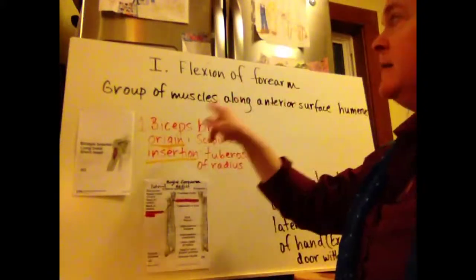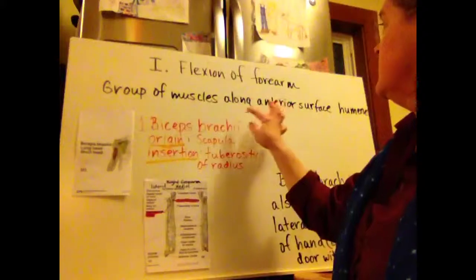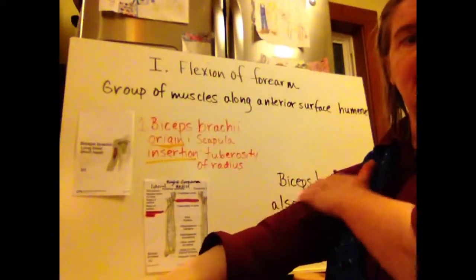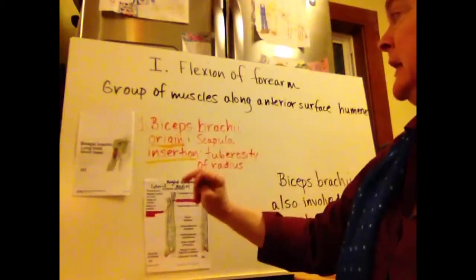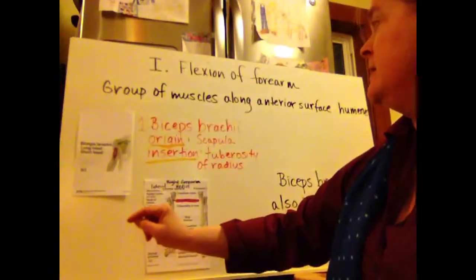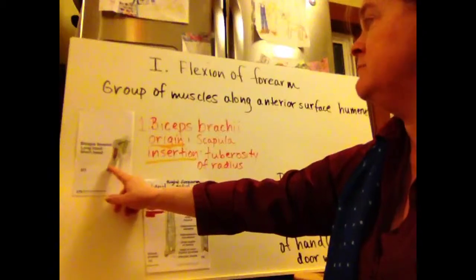First, flexion of the forearm. There are a group of muscles that are along the anterior surface of the humerus. The biceps brachii, their origin is in the scapula, and their insertion is in the tuberosity of the radius.